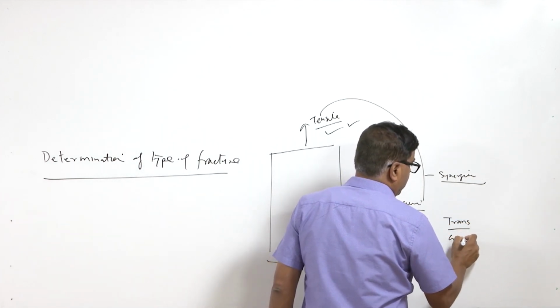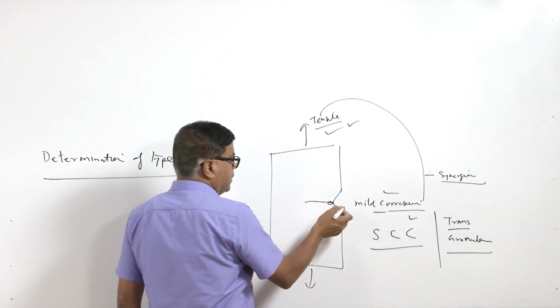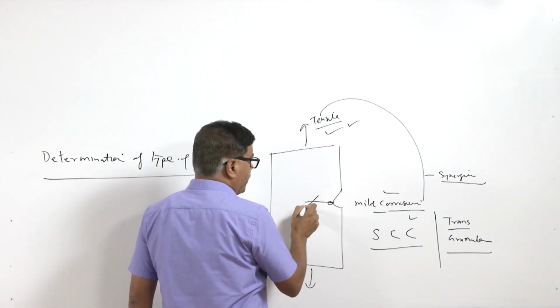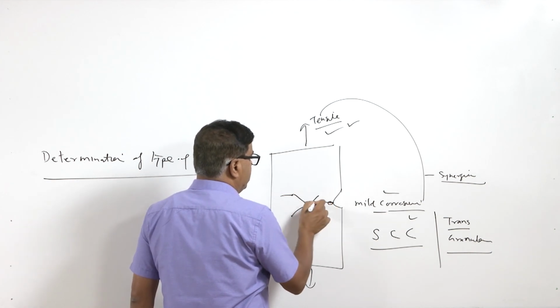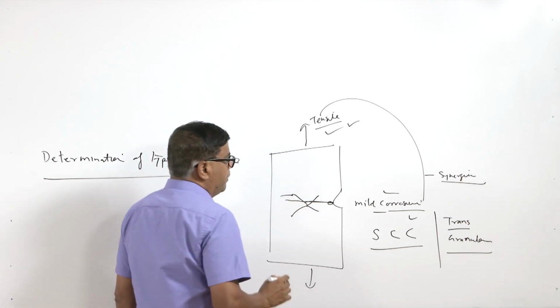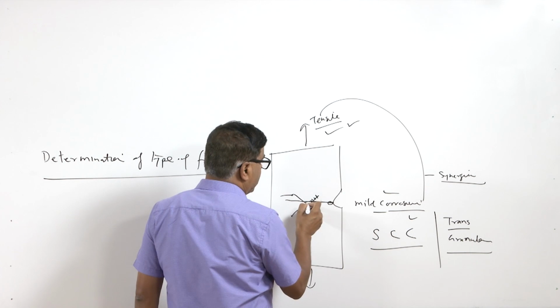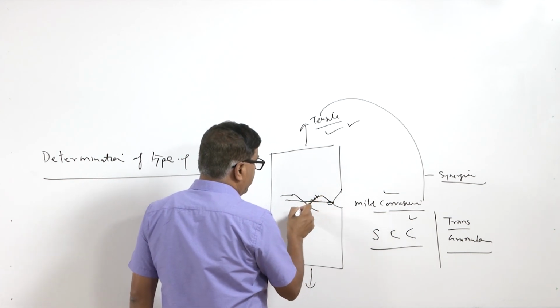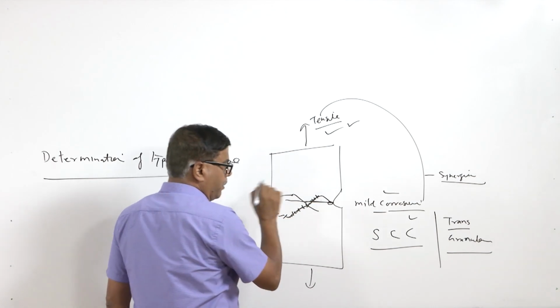So there is no fixed way. It is possible that the crack can grow across the grains irrespective of the grain boundaries, crossing and propagating. But if the grain boundary area is sensitive, then the crack can follow a particular grain boundary, and the growth will occur along the grain boundary zone.